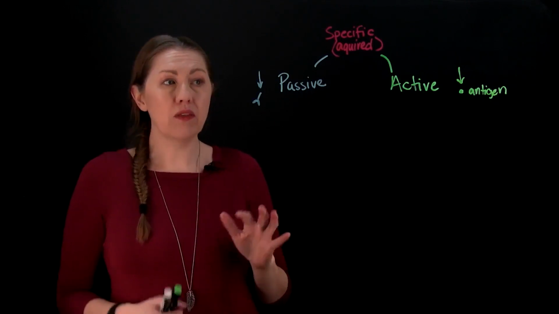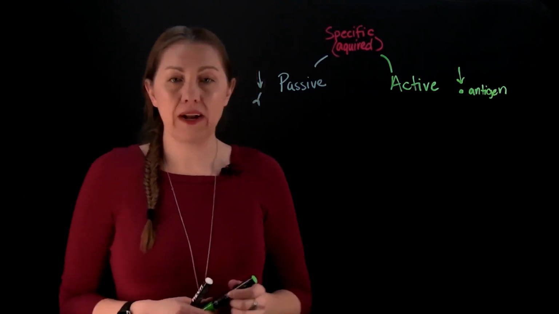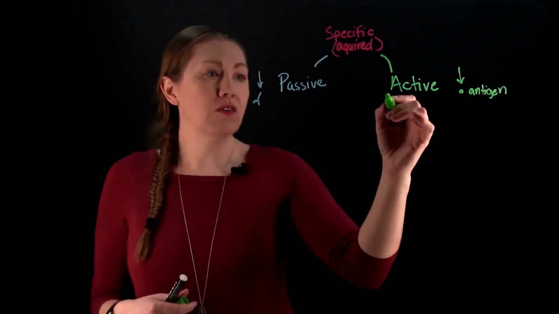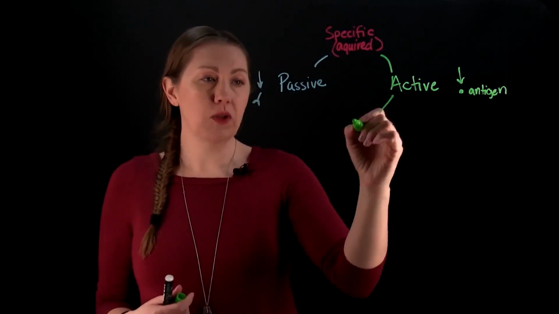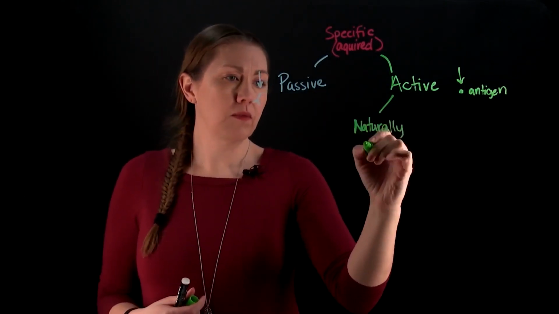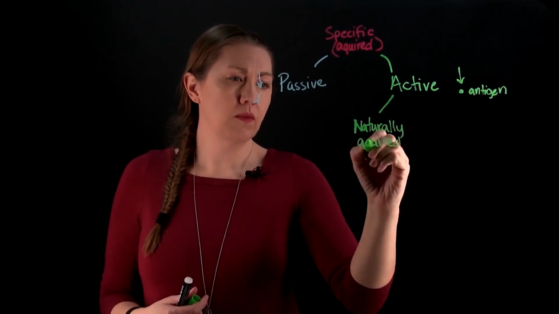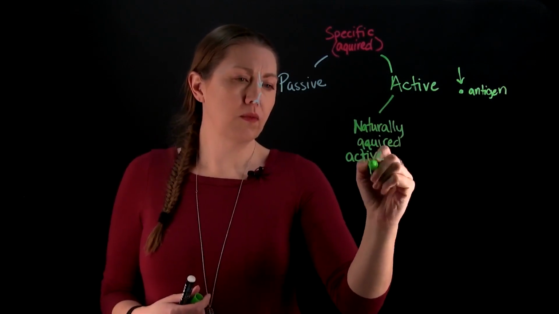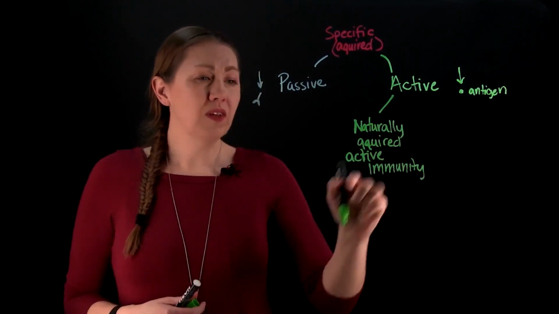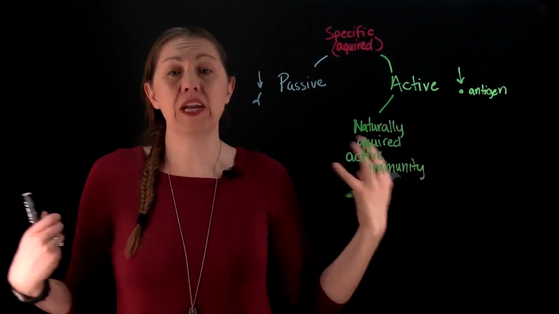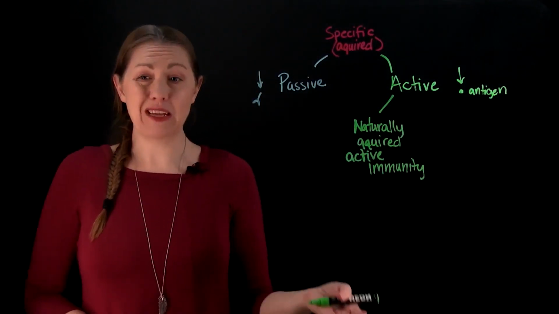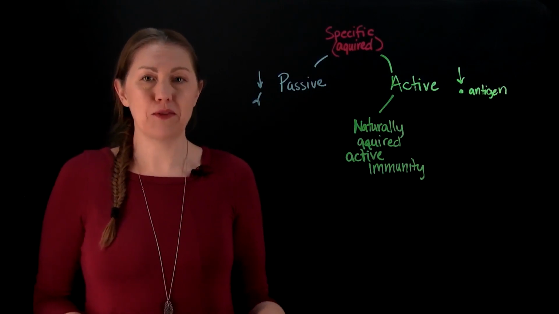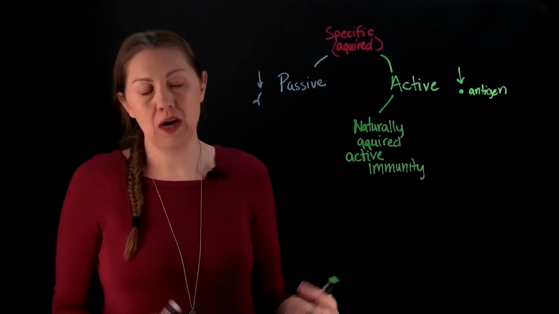And so let's talk about the two different ways under active that you can set this up. So there's naturally acquired active immunity. With this one, you're running across the antigen in a natural way. This is basically just getting sick. So in my world, this is when my son picks his nose and then comes and gives me a hug.